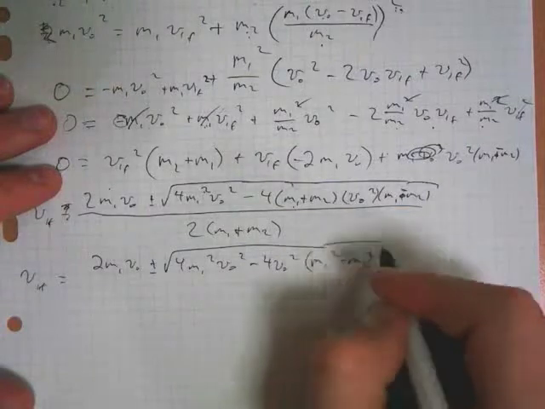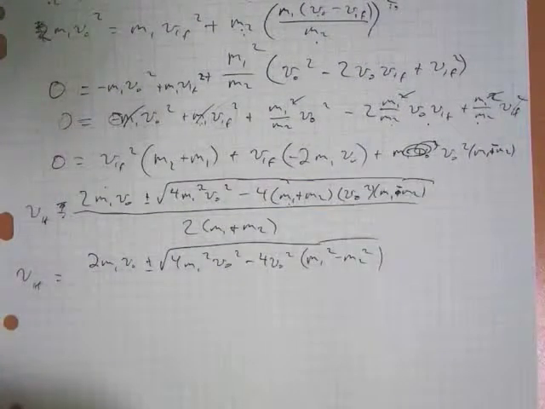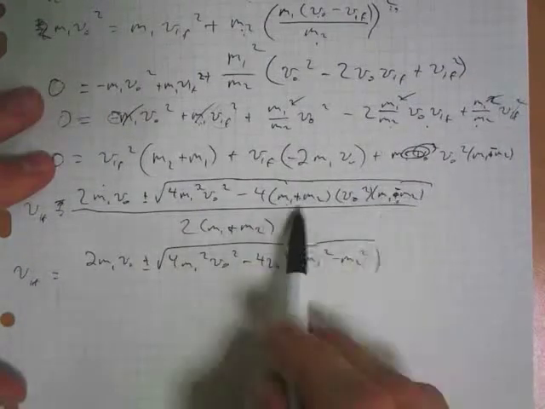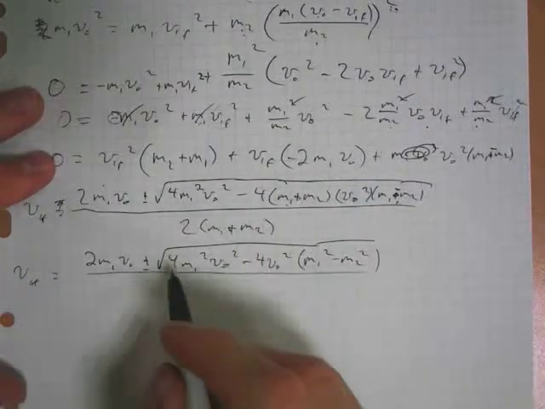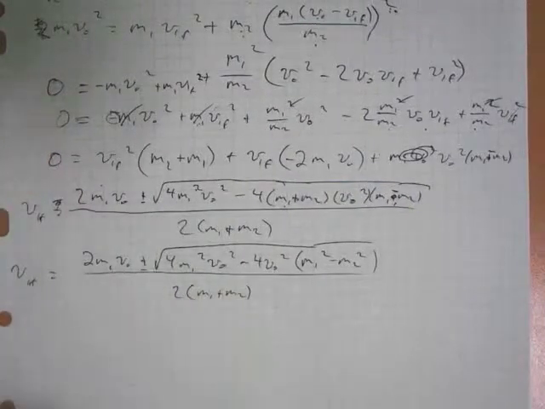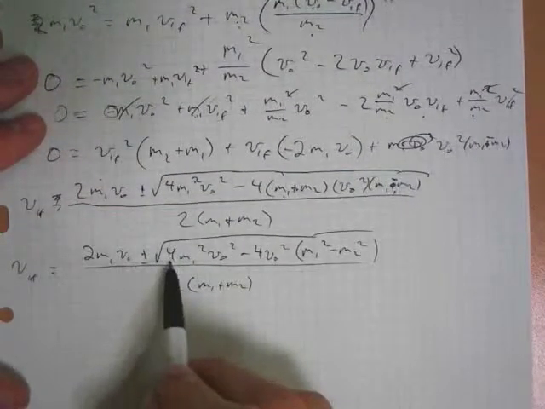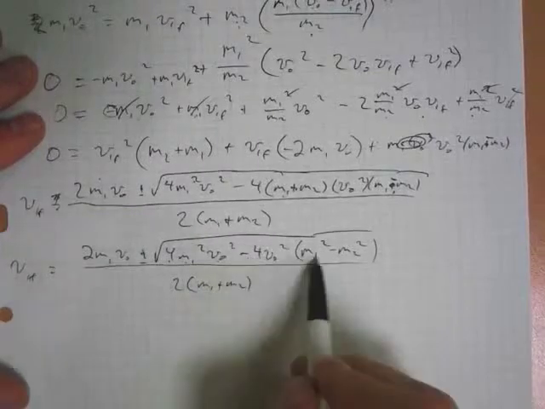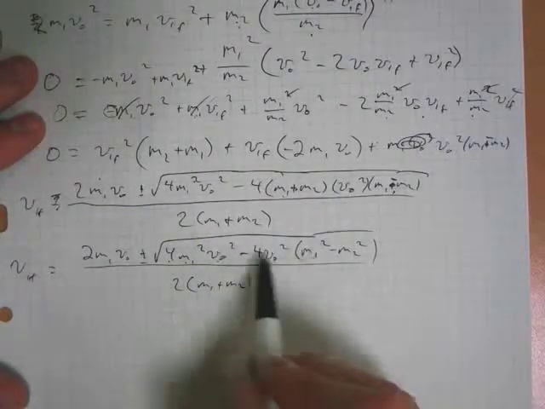That's what we get when we FOIL out that binomial, over 2 times m1 plus m2. So this is a 4 m1 v0 squared, and this is a minus 4 m1 v0 squared.